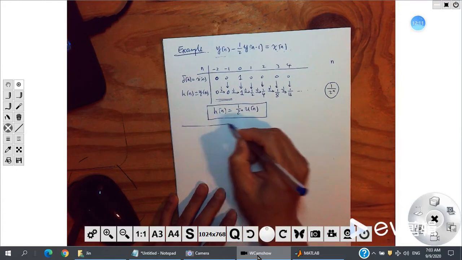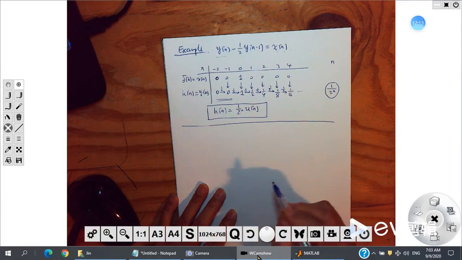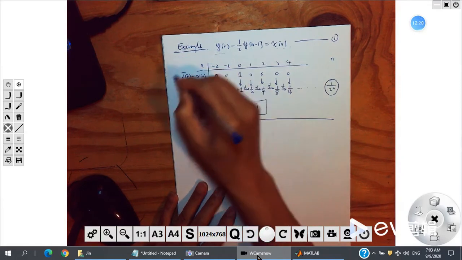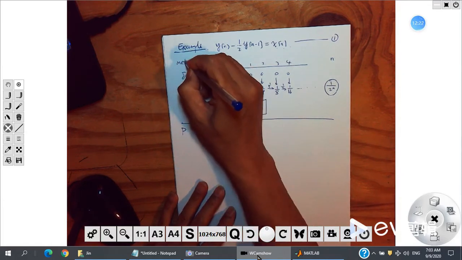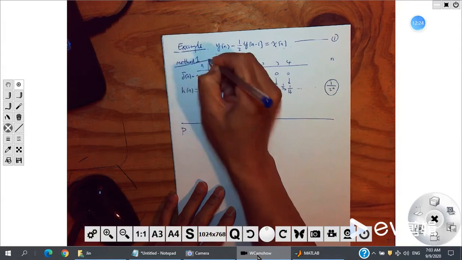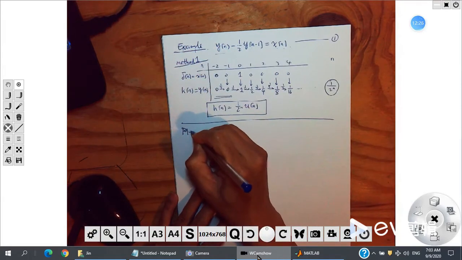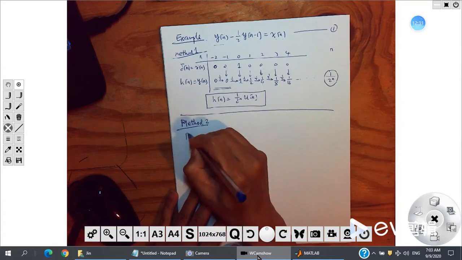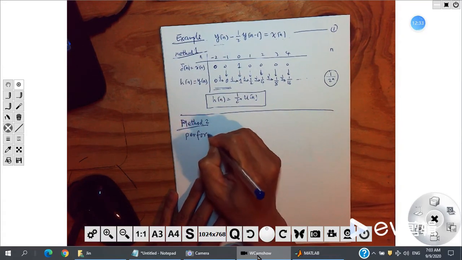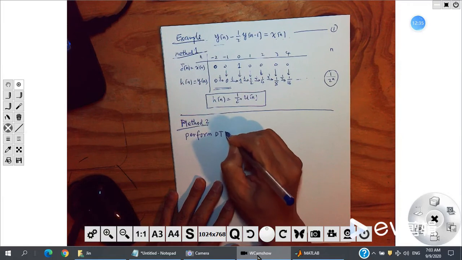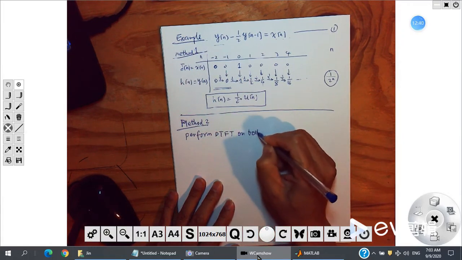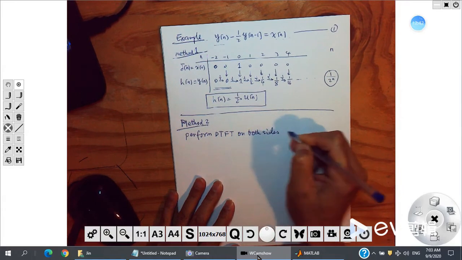Alright, now we try to use the Fourier transform. Say this is equation 1. We performed method 1. Then method 2: we perform the DTFT, discrete time Fourier transform, on both sides of equation 1.